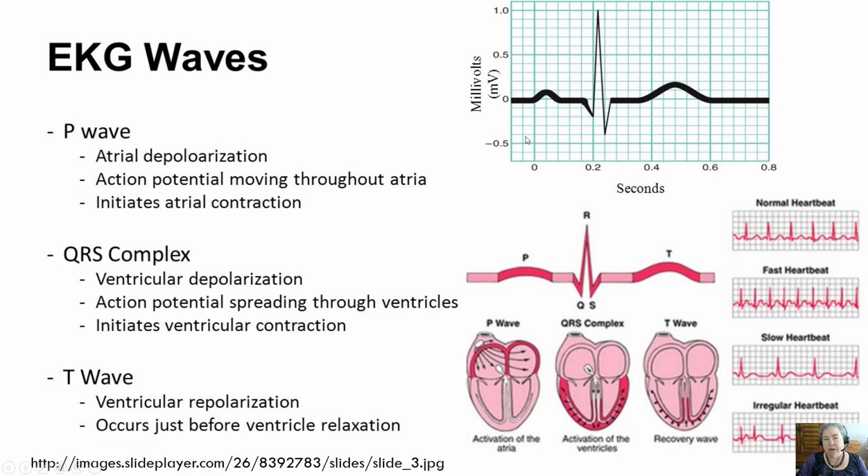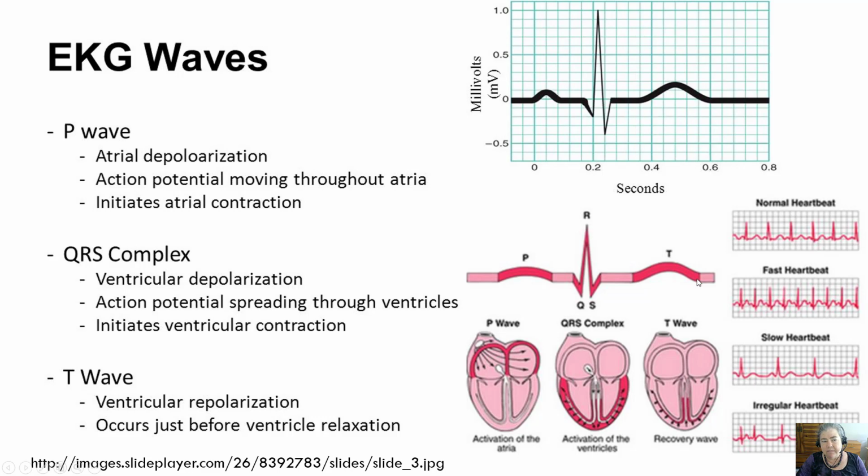Then the atria repolarize, and we get to the QRS complex, which is a representation of the direction and amplitude of the electrical forces as the action potential spreads through the ventricles, causing ventricular contraction. So we have the QRS complex followed by ventricular contraction and then ventricular repolarization, which is the T wave.